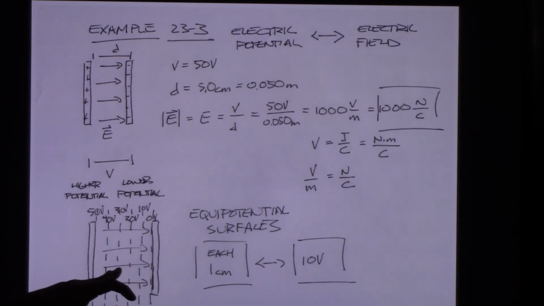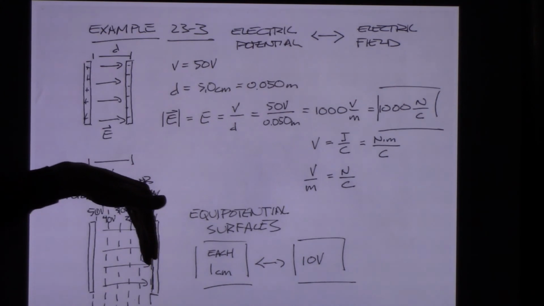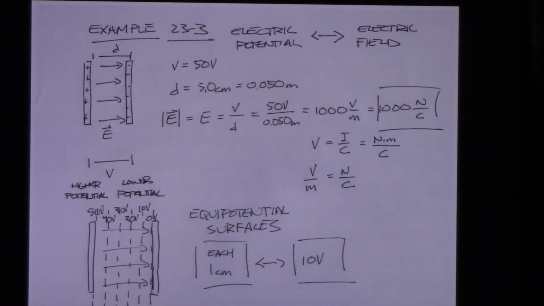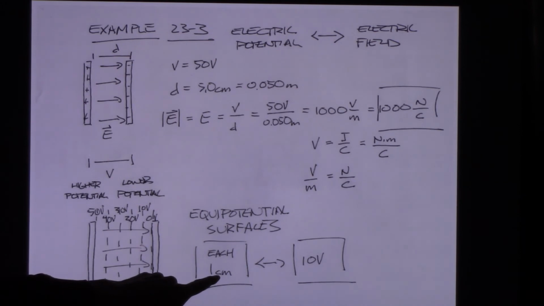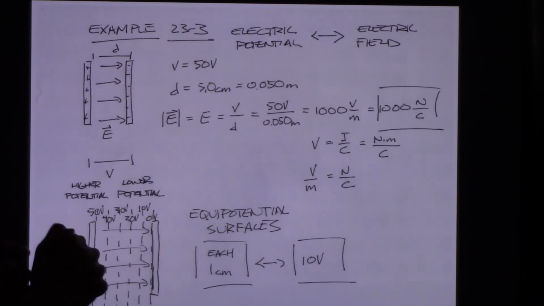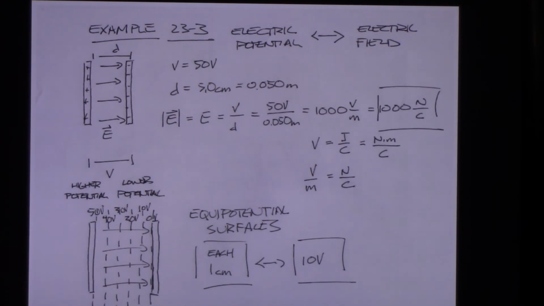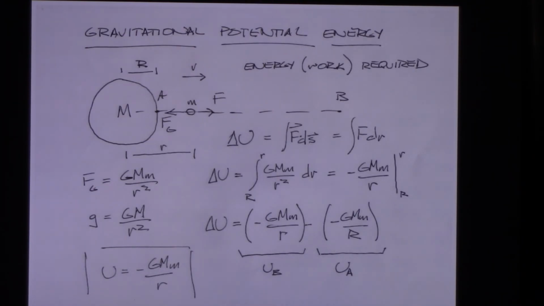For a uniform electric field, the separation is going to be evenly spaced. So in this particular example, each centimeter that I travel through that region corresponds to an increase or decrease of 10 volts. So practice with these drawings, these pictures, keeping track of how voltage varies.